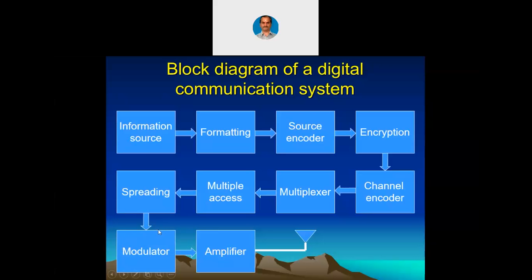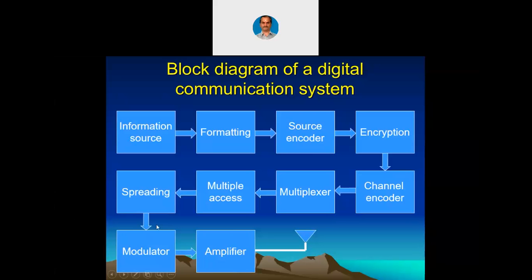Now, what the modulator is going to do is superimpose the binary waveform onto a sinusoidal carrier waveform. The carrier is going to carry the binary information signal. In general, the modulator uses an analog carrier signal which is of a higher frequency when compared to the digital signal.